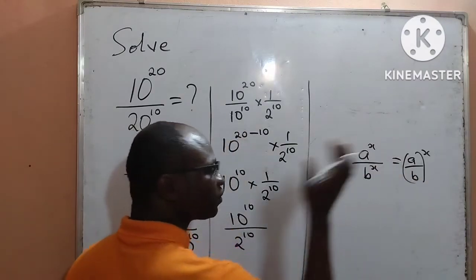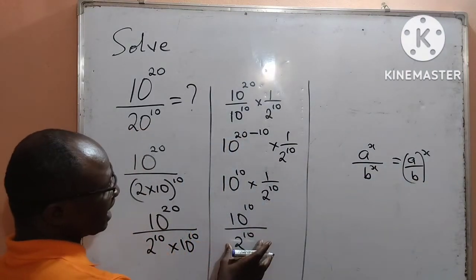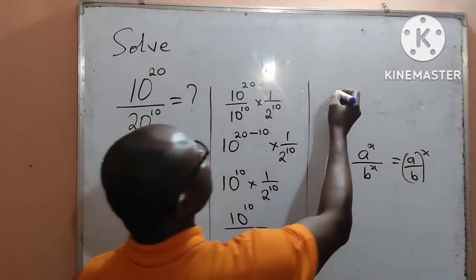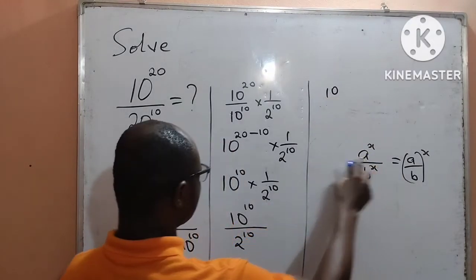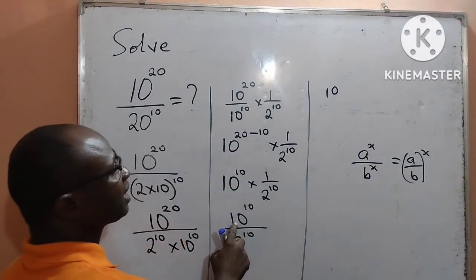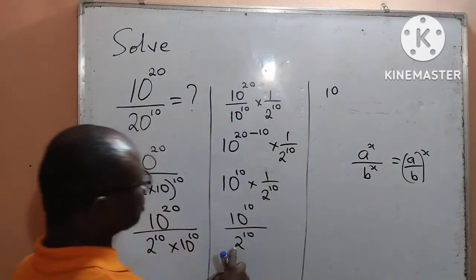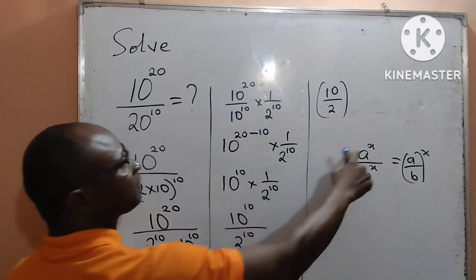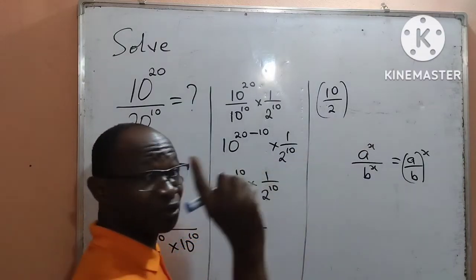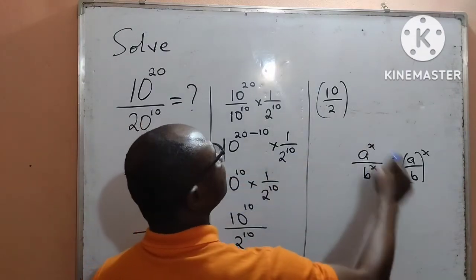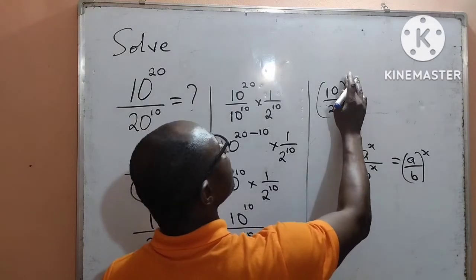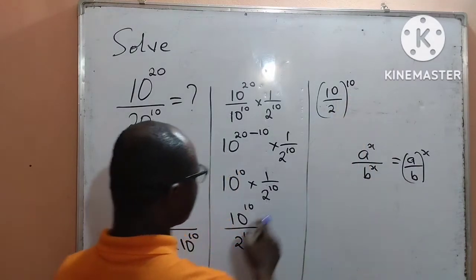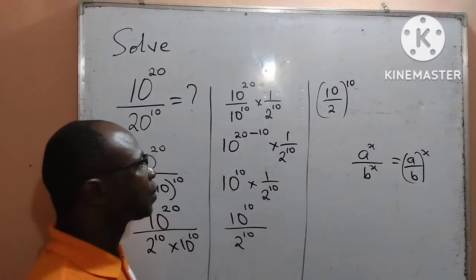So applying this beautiful law of indices to what I have currently, I can now write it as 10, where a is my 10 and b is my 2, so 10 divided by 2, all to the power of, since I have x as the power of the numerator and x as the power of the denominator, it will now have one common power, and that is power 10.